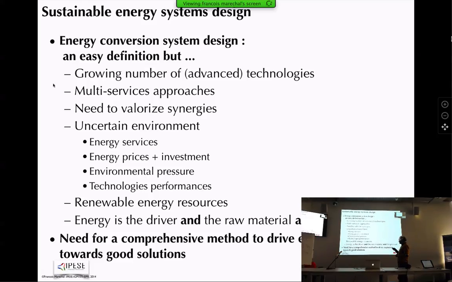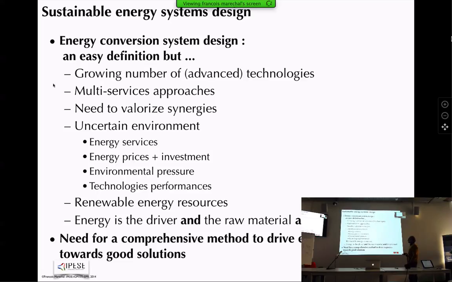And something which is also very important is that we know that we have to work with multiple services. So not only one, but several services, which means that we also have to understand and try to valorize the synergies. In addition to this, we are working in an uncertain environment. So we have the services that are most of the time stochastic, the energy prices and the investment, which are really most of the time uncertain.